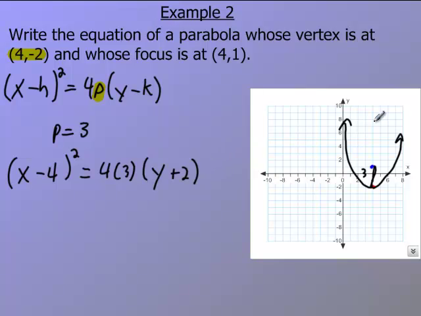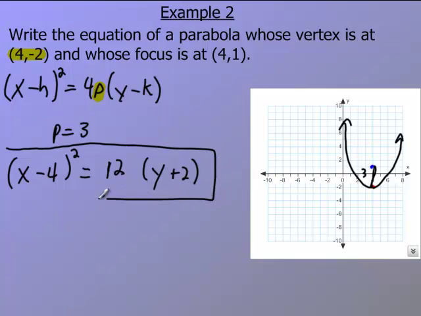And we'll simplify this by multiplying 4 and 3 together and just writing that more simply as 12, like so. And that would be the equation of our parabola.